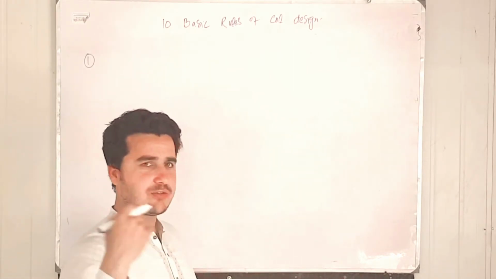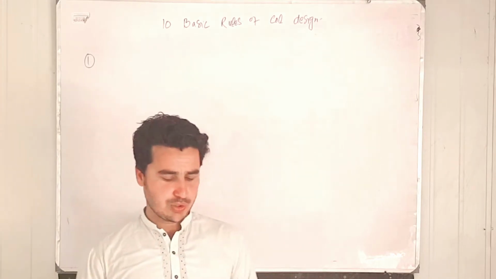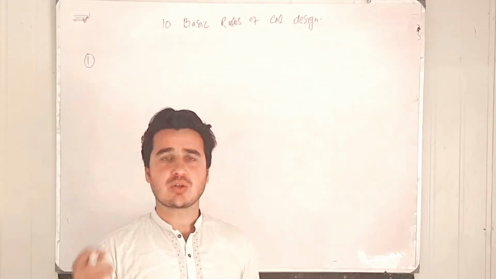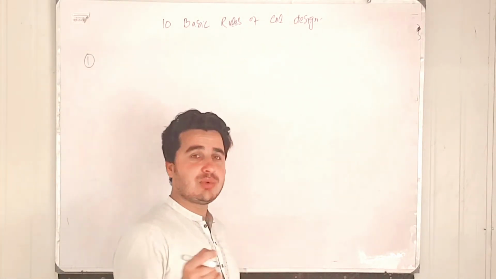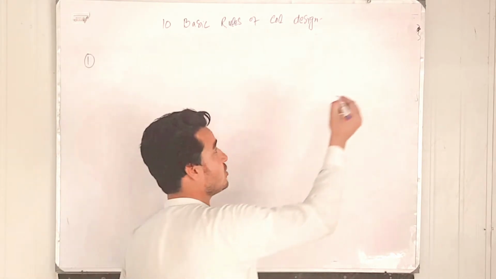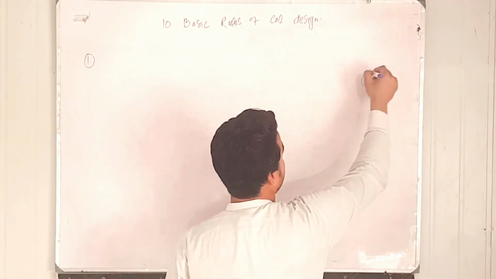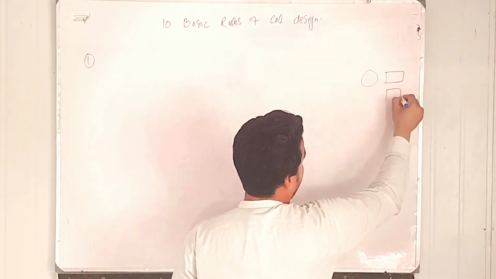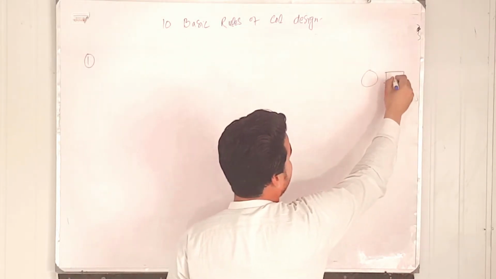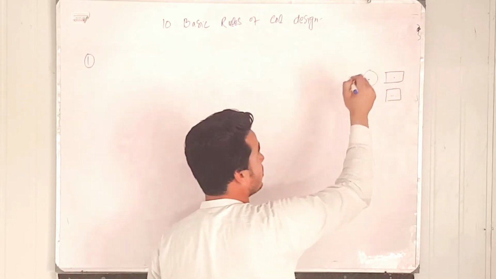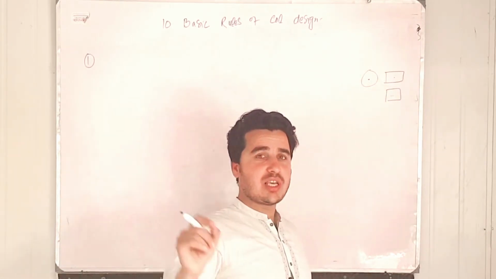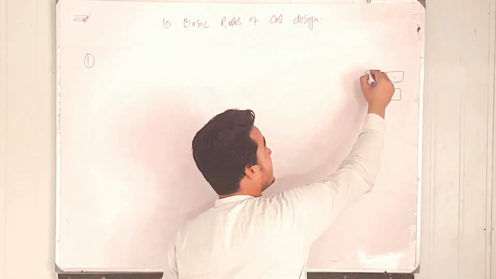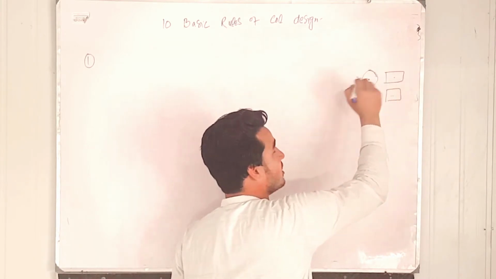So the first thing is, when are we going to use the circular column? If we have columns of the same size, the rectangular, the square, and the circular, and they have almost the same size, then the circular is the stronger column.